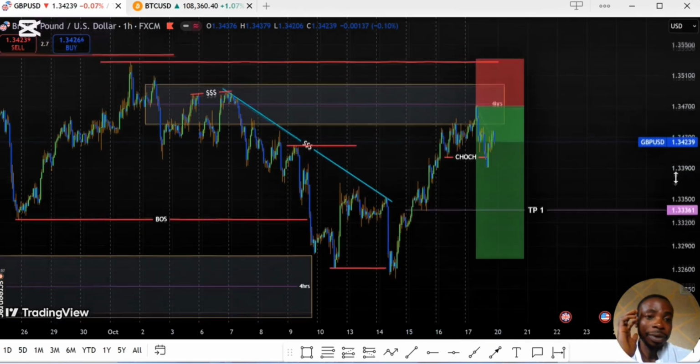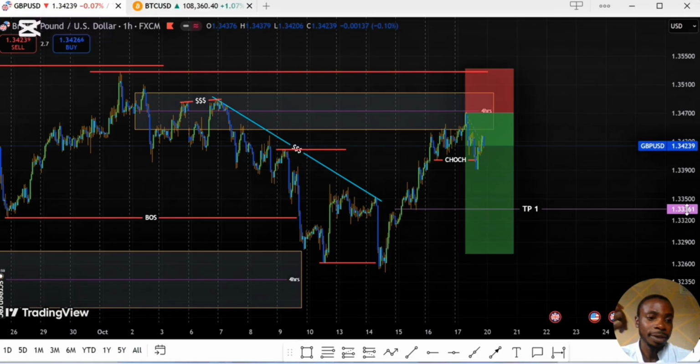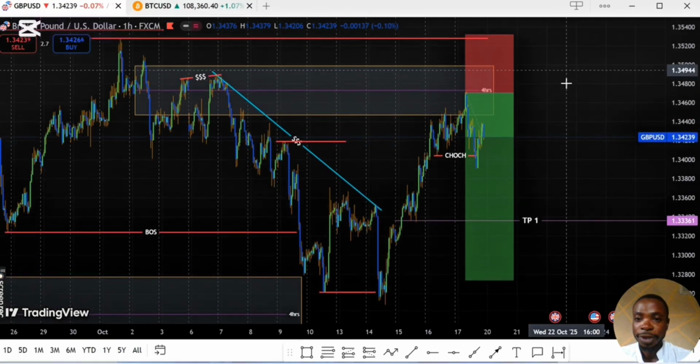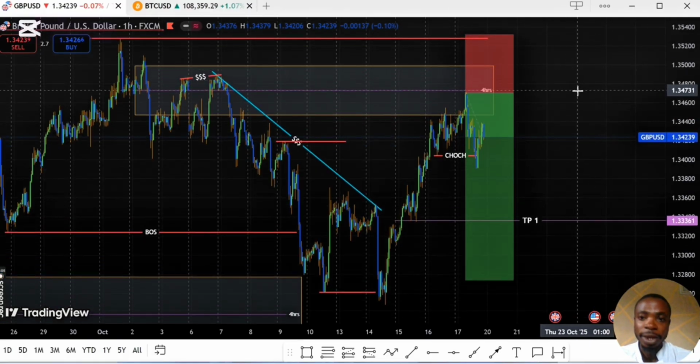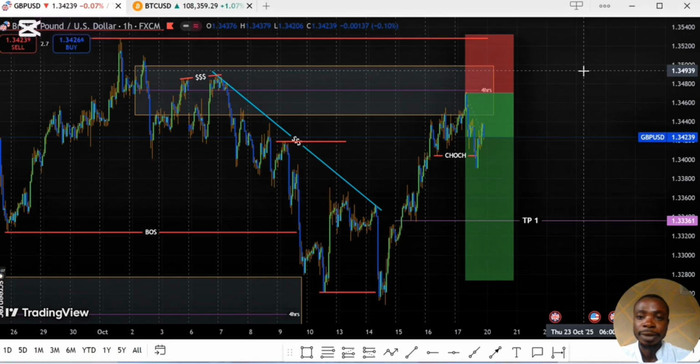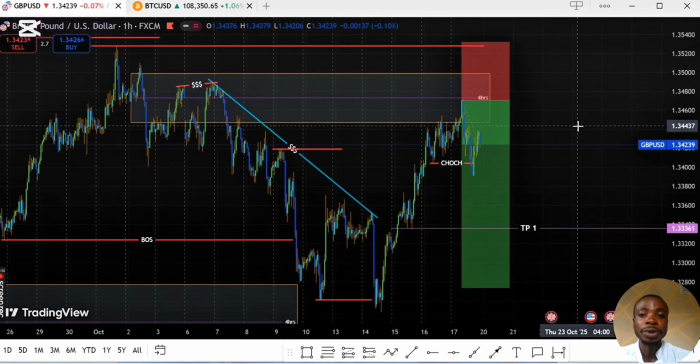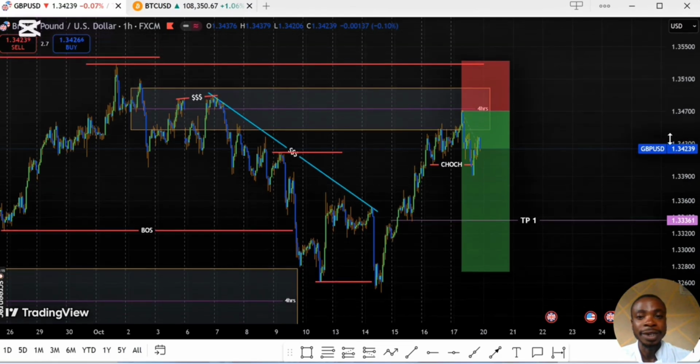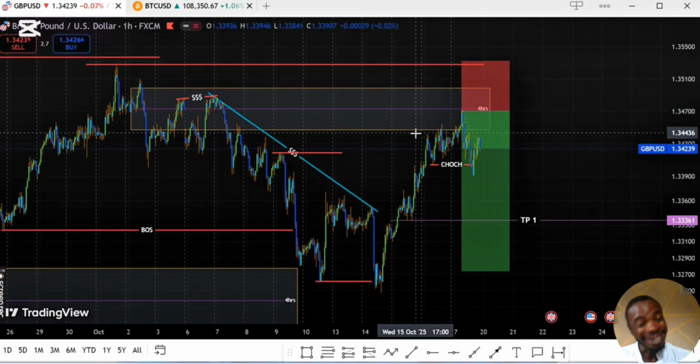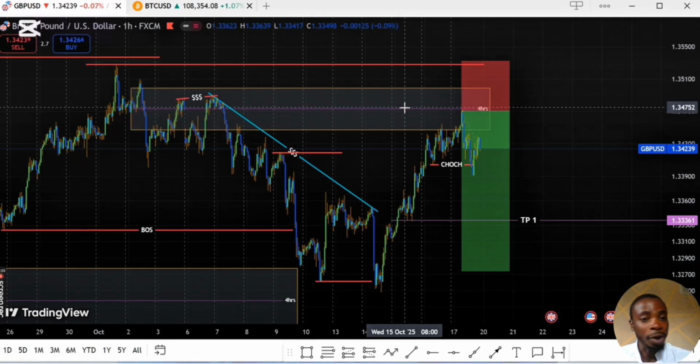So this entry was an aggressive entry, because I just check and we can say market will move back from here, or grab this relative equal high liquidity, then still push back. But my analysis tells me, and my strategy tells me, that once market starts rejecting at my golden zone, I can enter. That is how my strategy works. This is my golden zone mapped out on the 4 hour time frame.